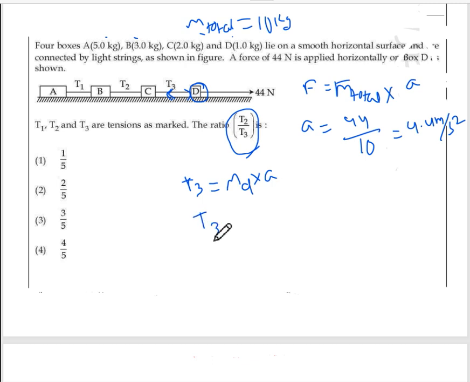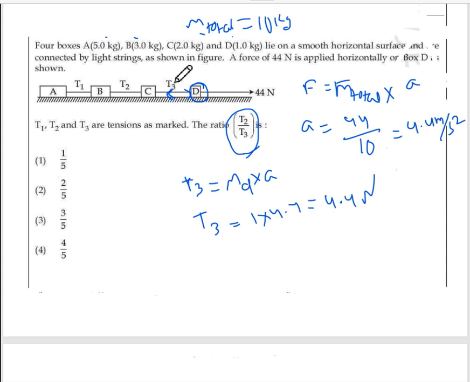So T3 will become md, as you know, it is given as 1 kg. So 1 into 4.4, so the answer will become 4.4 Newton.